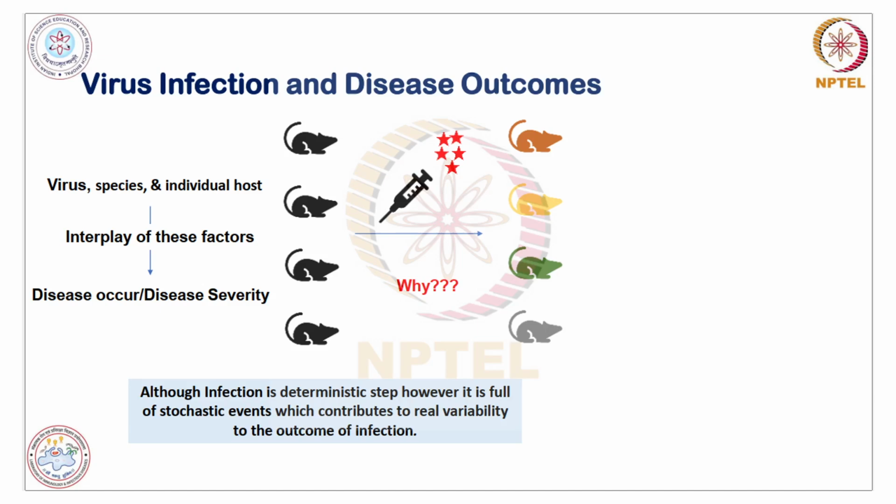Why does this happen, with different outcomes in different individuals? It depends on the virus species and the host species on which the infection is happening, or the individual host variation, like its genetics, immune system or the microbiome of an organism.